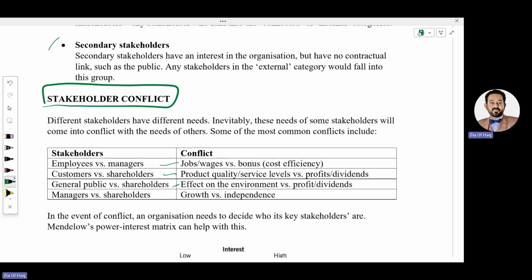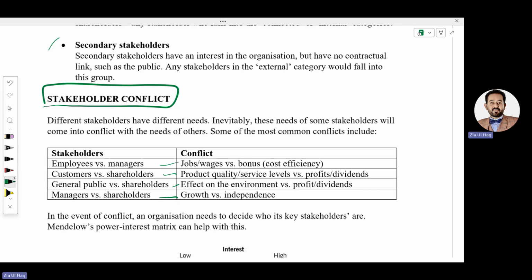CO2 emission that is produced from your production. How can you reduce CO2 emission? By controlling the production level. And if you produce less, your profit will be less, sales will be less. This can affect your shareholder return. Managers versus shareholders, because managers want high bonus. If there will be high bonus, expenses will be more, profit will be lesser. So this also has an effect between managers and shareholders.